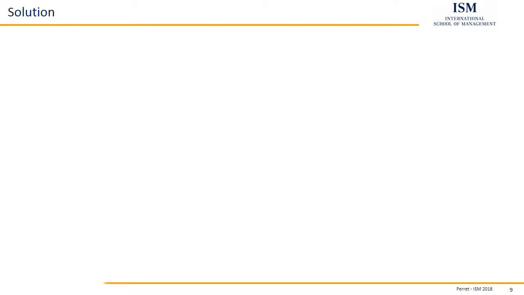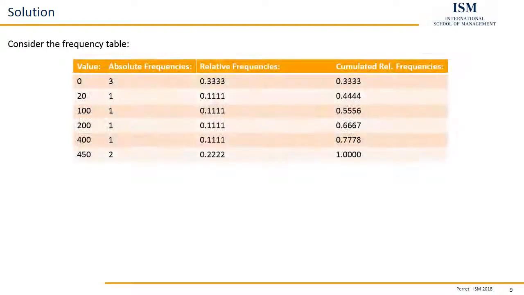However, we can also do this slightly differently as well. Again, for this we consider the frequency table, and instead of multiplying values and absolute frequencies and afterwards dividing this by the amount of observations, we directly multiply the values with the relative frequencies.